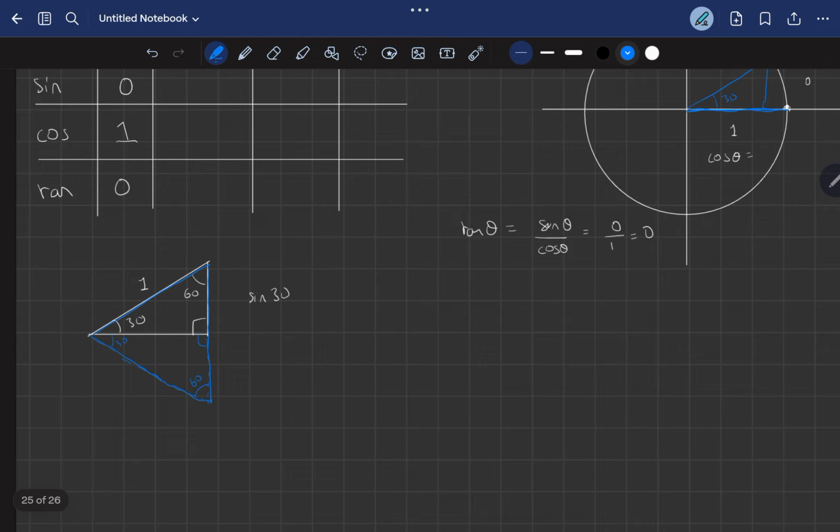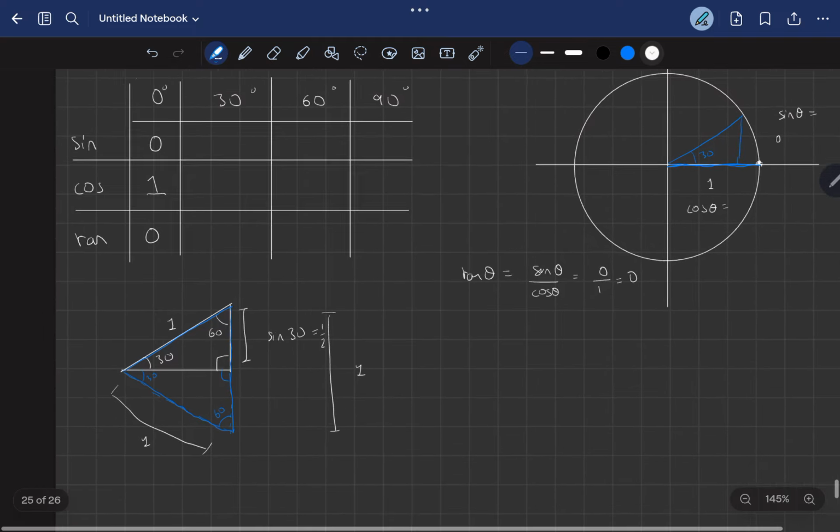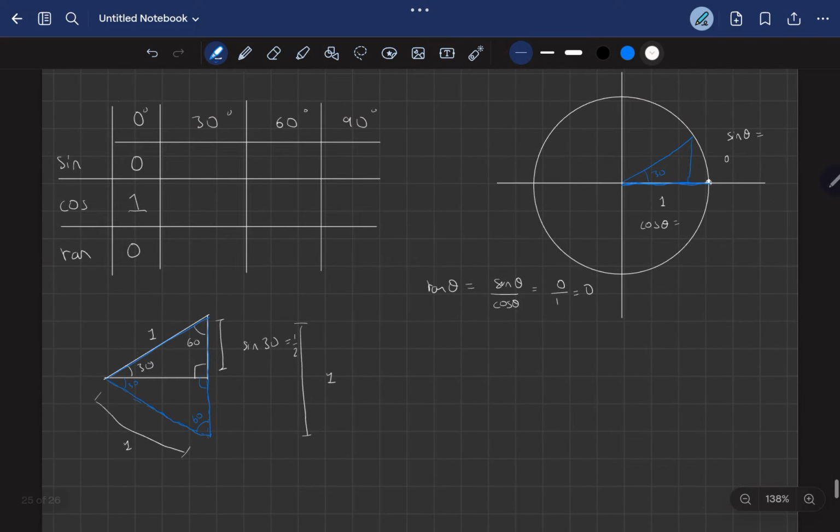This is an equilateral triangle. That means this side is 1, this side is 1, and most importantly, this side is 1. Now, sine 30 is just half of this entire length, because remember, sine 30 is just this part. Therefore, sine 30 is equal to 1 over 2.